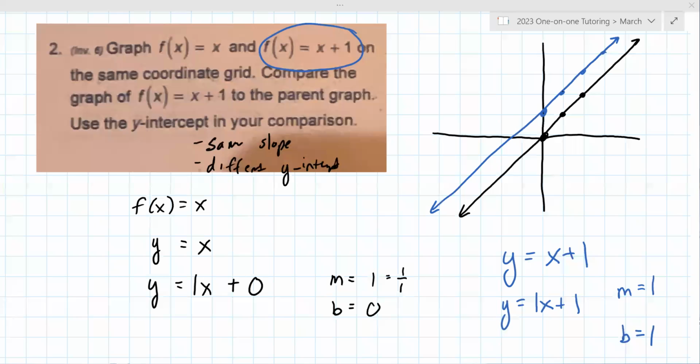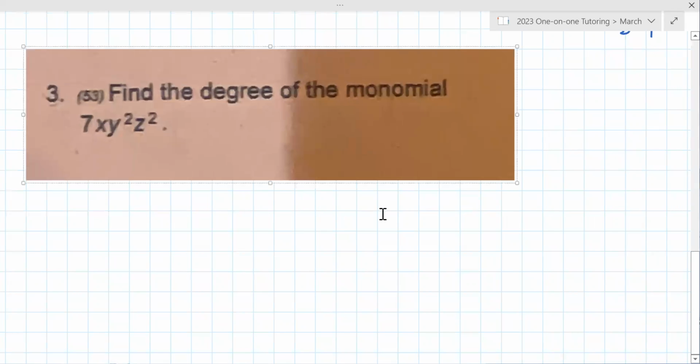Moving on to number 3. Find the degree of the monomial. So the degree is the sum of the variable exponents. And you'll notice 1 is not written above the x, but there's only a 1 there.